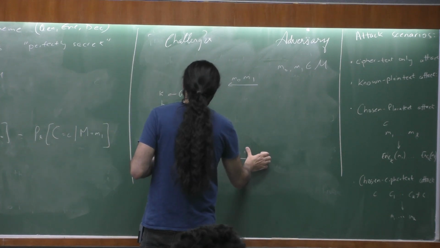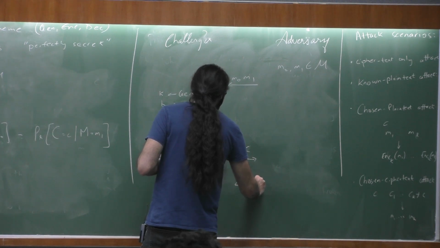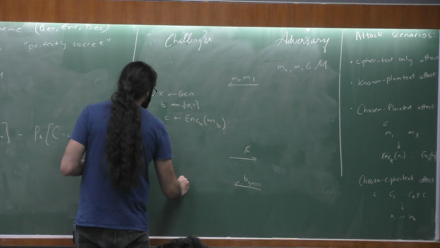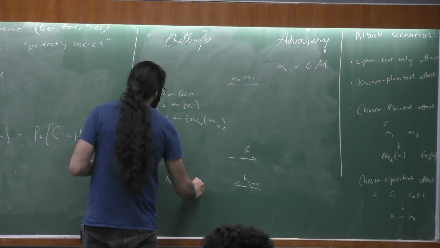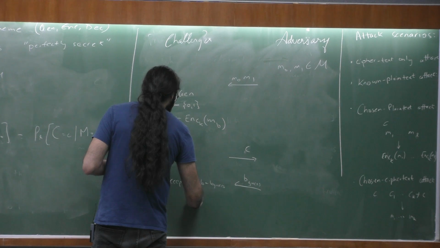The adversary returns a guess b-guess. The challenger accepts if b equals b-guess and rejects otherwise.